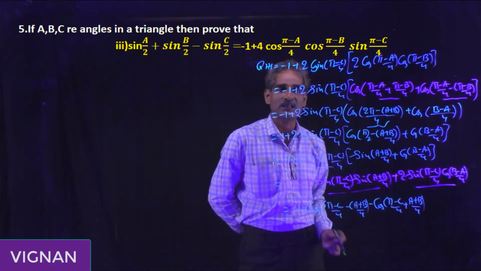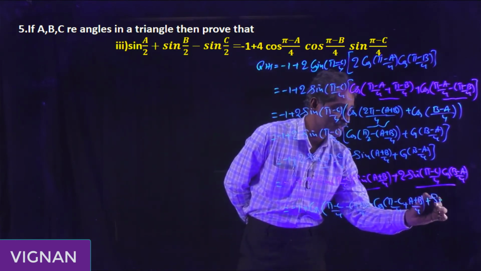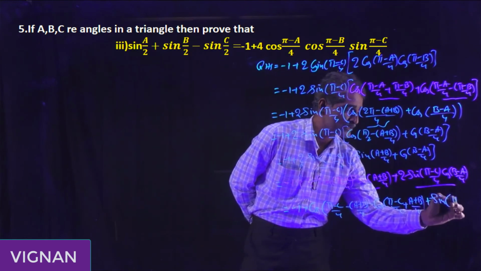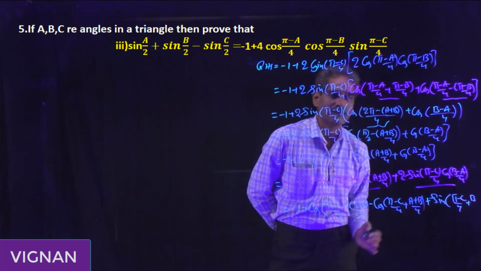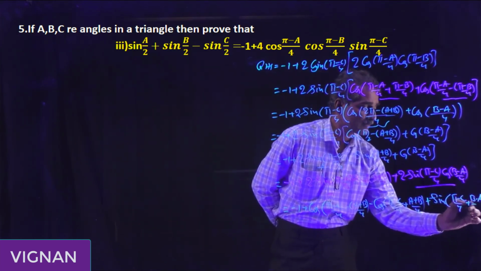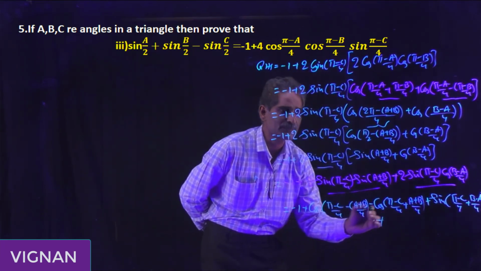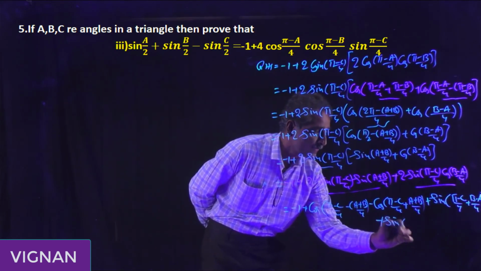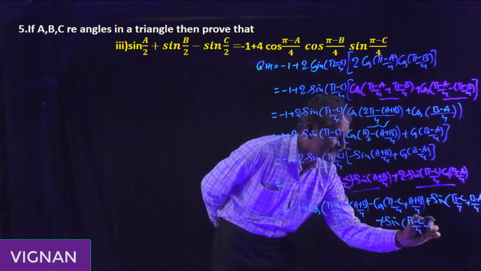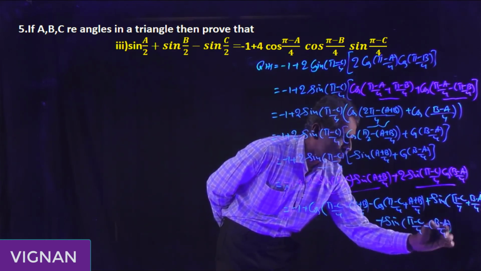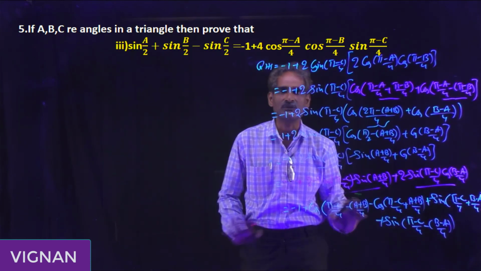And 2 sin A cos B is sin(A plus B) plus sin(A minus B), where A plus B is (pi minus C)/4 plus (B minus A)/4, and A minus B is (pi minus C)/4 minus (B minus A)/4. Just simplify the values in these brackets, that's it, we will get the answer.